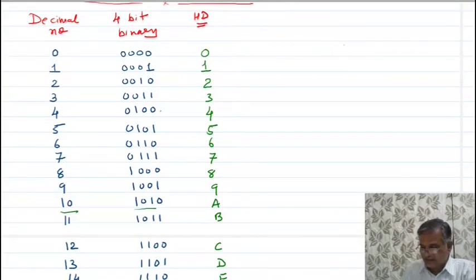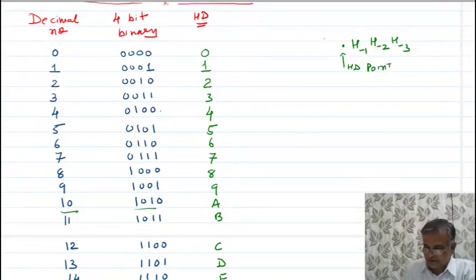It is represented this way: h minus 1, h minus 2, h minus 3 after the hexadecimal point, and on this side, first h0, h1, h2, h3.